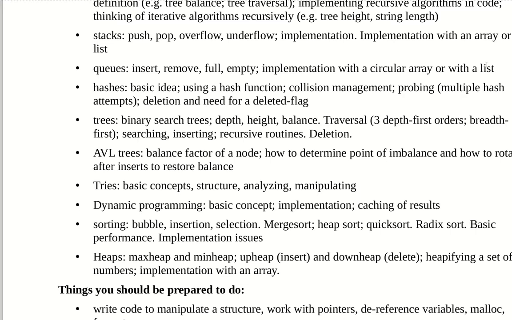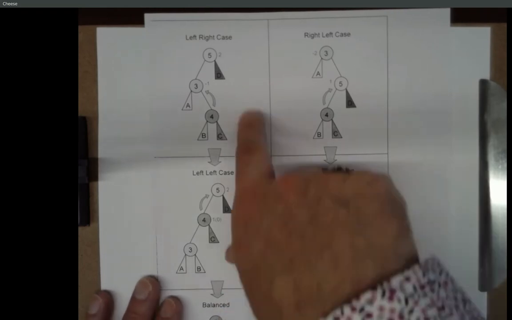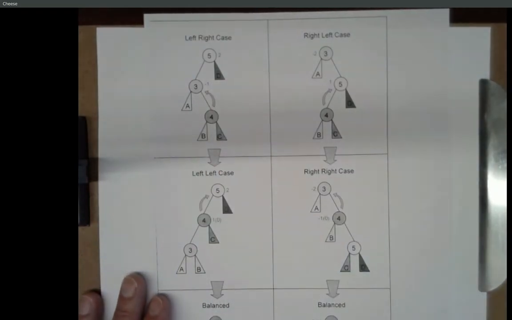Yeah, so it's the height of the left subtree minus the height of the right subtree. If you get that backwards, then none of these work because they'll be the negative of what they should be.